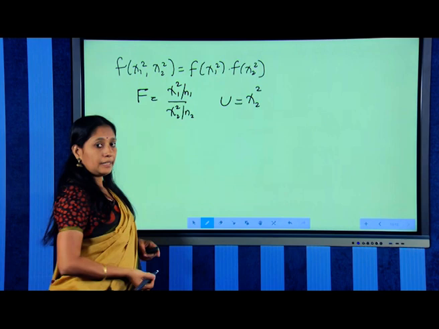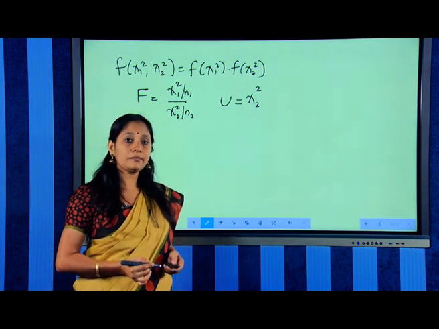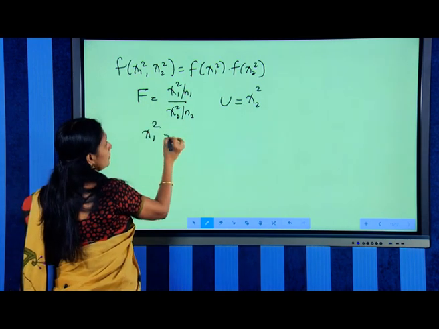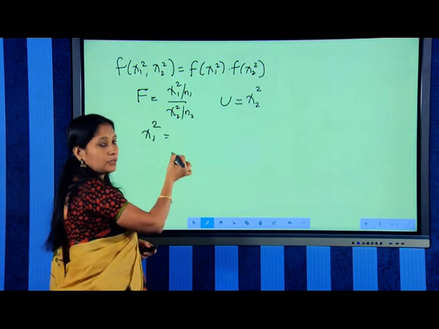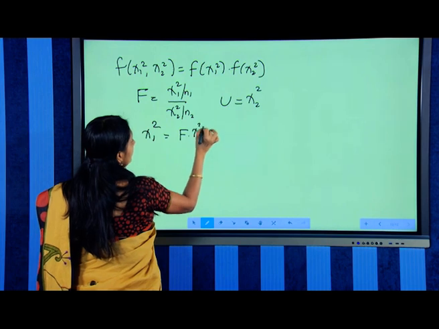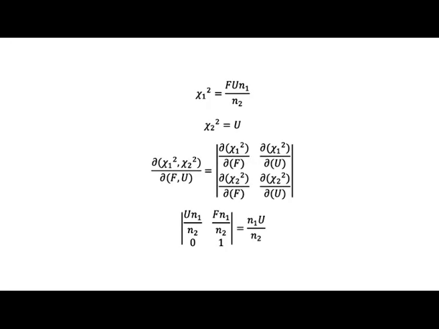We have to again find the distribution of f. From this we can see that chi1 square is equal to f into chi2 square by n2 into n1, and again chi2 square is u.